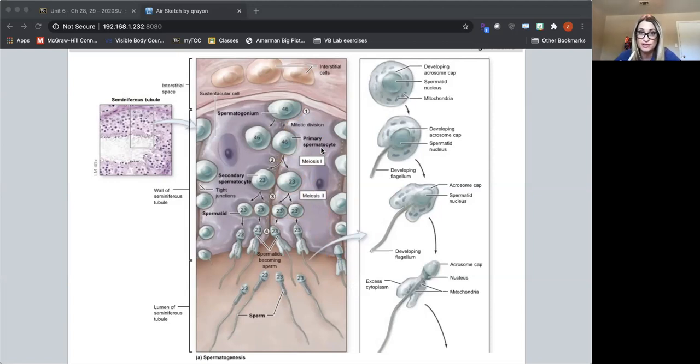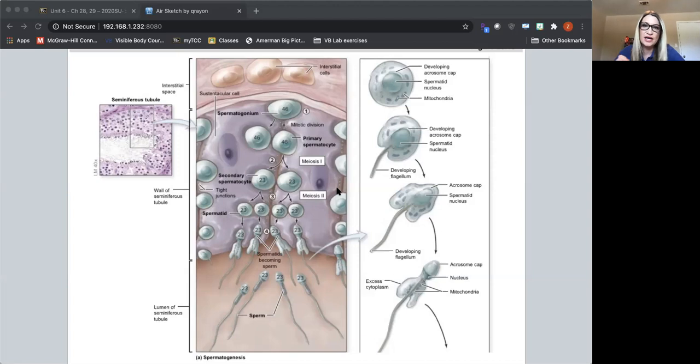When we say germ cells, we don't mean germs that get on your hands and stuff. We mean the dividing cells here. Those are the cells that are becoming sperm ultimately. So the two types of cells that you find within the seminiferous tubules are Sertoli cells and the dividing cells, the germ cells.